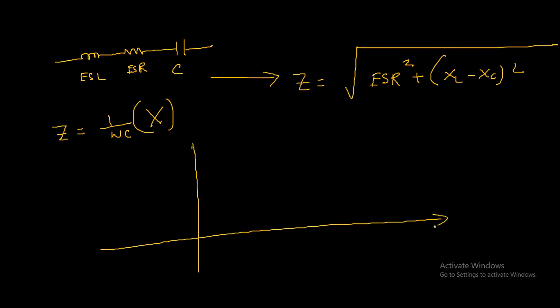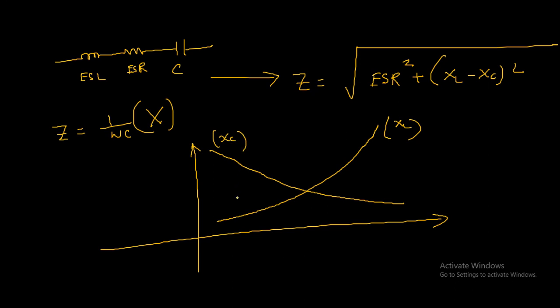If you look at the graph, this is XC, this is XL, this is the inductive behavior, this is the capacitive behavior, and this is the ESR value, and the overall Z behavior is like this.